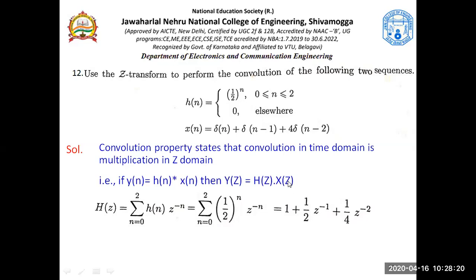Let's obtain X of z. To obtain X of z, we need to consider x of n, and in place of x of n we substitute this. Now you need to remember the shifting property of the delta function, or the shifting property of the unit impulse function. You bring in the summation, n ranging from minus infinity to plus infinity, of delta of n into z power minus n.